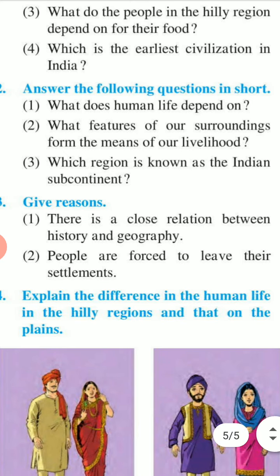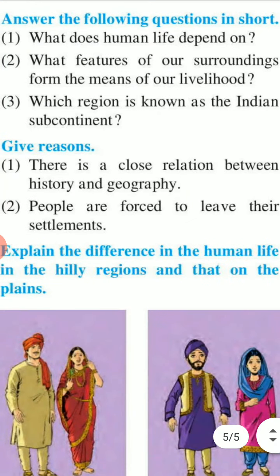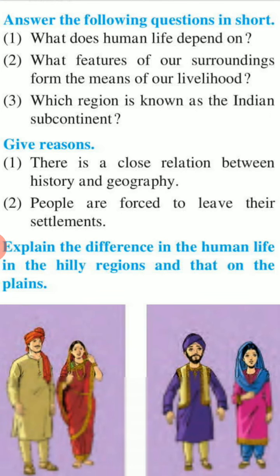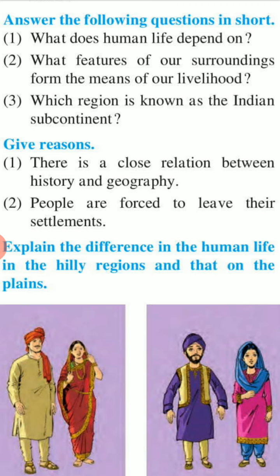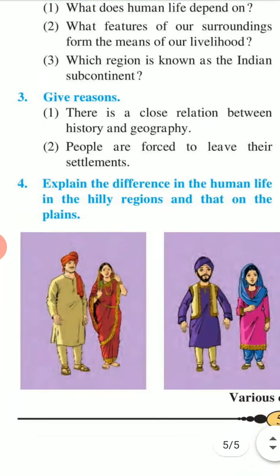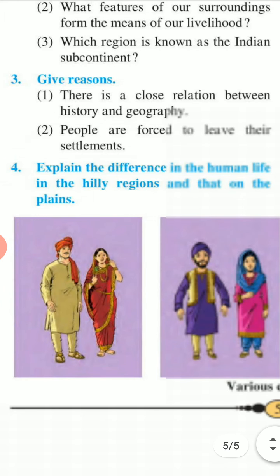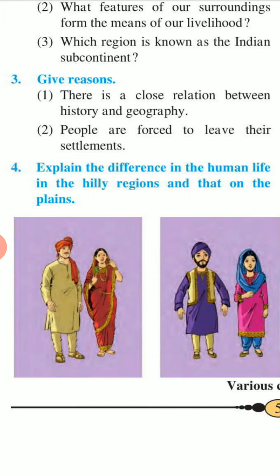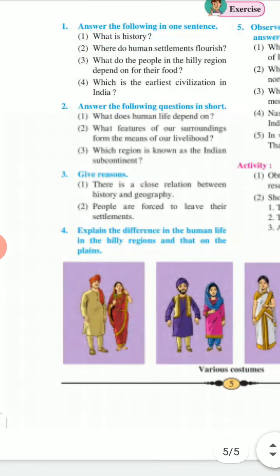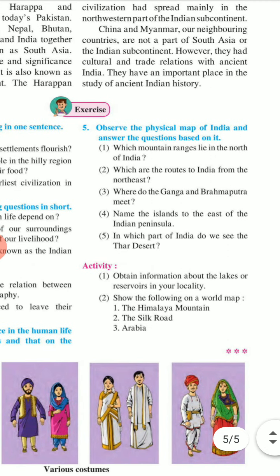There is a close relation between history and geography. People are forced to leave their settlements. The fourth question is, explain the difference in human life in the hilly region and that on the plains. You can definitely explain this difference.